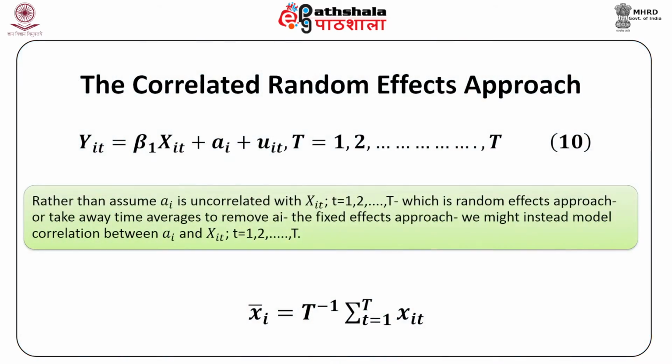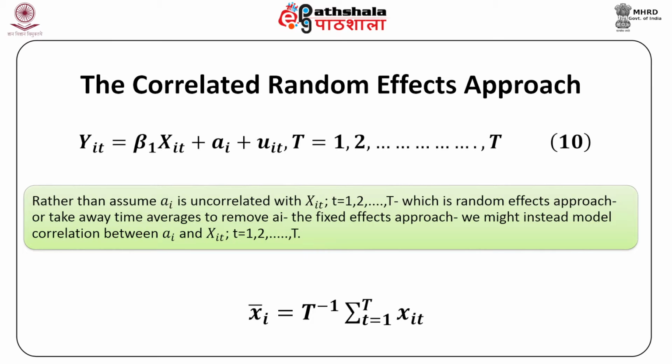To describe the approach, consider a model: y_it is equal to beta 1 x_it plus a_i plus mu_it, t going from 1 to capital T. Rather than assume a_i is uncorrelated with x_it, t going from 1 to T, which is the random effects approach, or take away time averages to remove it, the fixed effects approach, we might instead model correlation between a_i and x_it, t going from 1 to capital T. Because a_i is constant over time by definition, allowing it to be correlated with the average level of the x_it has certain appeal.